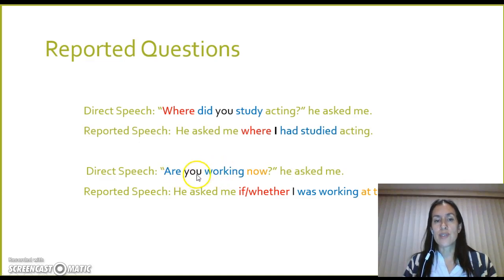In this case it is the present continuous, so we change it to the past continuous. And now it's a different moment, so instead of using now in the reported question, we use at the moment. So the complete reported question would be, he asked me if or whether I was working at the moment.